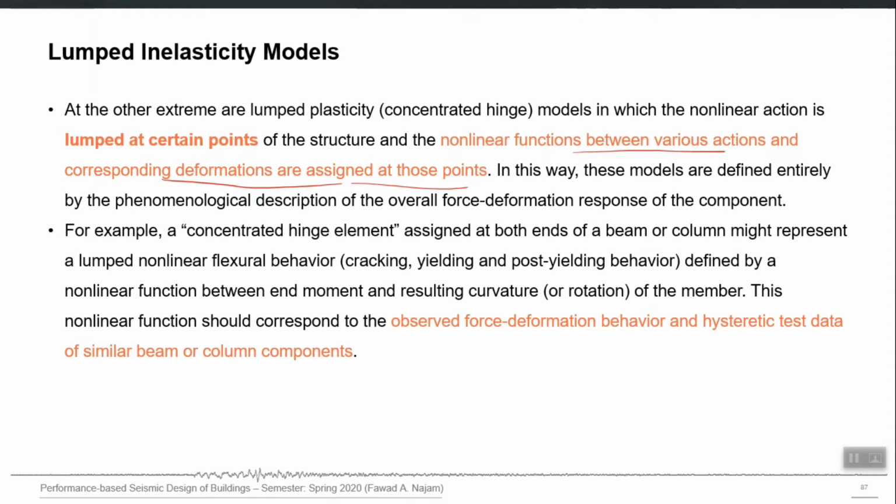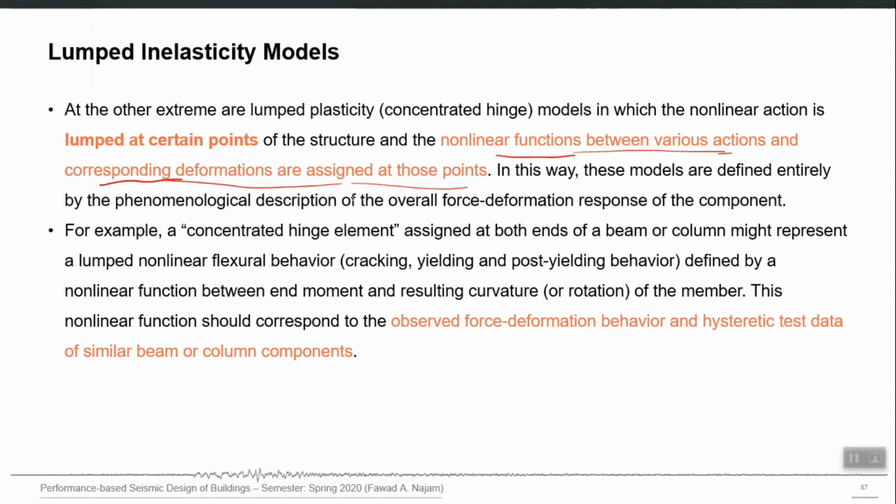If the applied loading is causing a moment more than this number, the beam will actually yield in real. So the model should be able to tell that this beam has yielded. So that beam capacity, or every input, I have to define at that point. So we define nonlinear functions between actions and deformations.